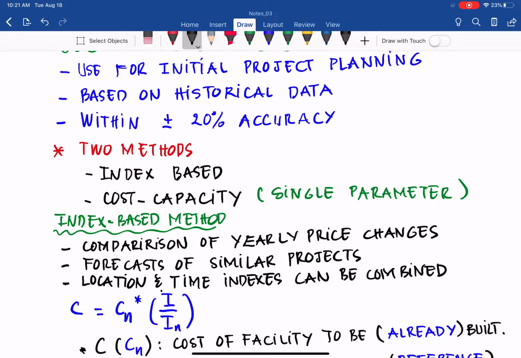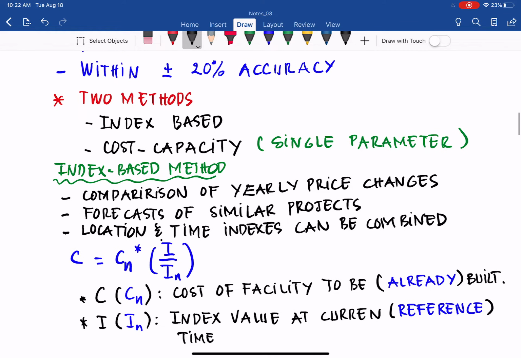It doesn't mean that to build a project of 10 million gallons per day, we double the amount of money. So we have the cost capacity, and that gives one single parameter, in this case the capacity in million gallons per day, etc., to determine the cost of the new project based on the reference project.